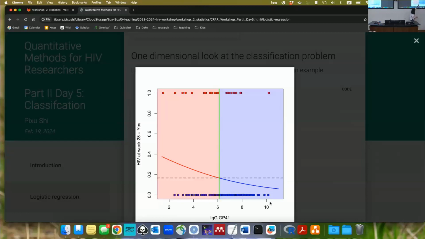So it's saying that if your IgG level is below 6, then your probability of getting infected is going to be above 0.16. If your IgG level is above 6, the probability is below the threshold, you're going to classify it as infected. So that's just one-dimensional intuitive visualization of what logistic regression does in terms of classification.